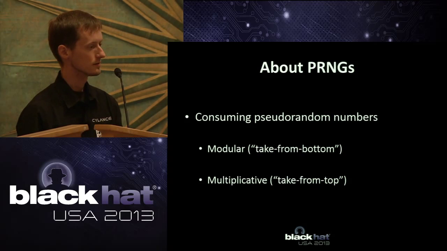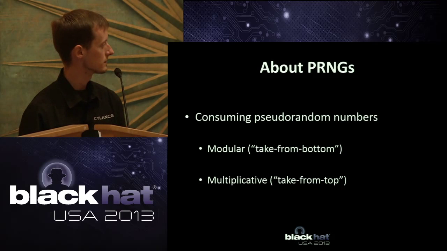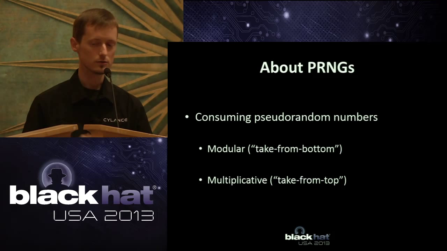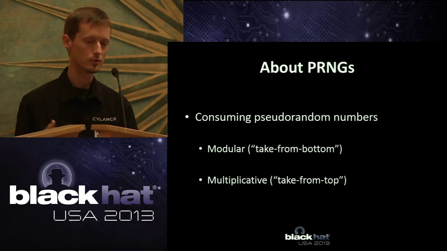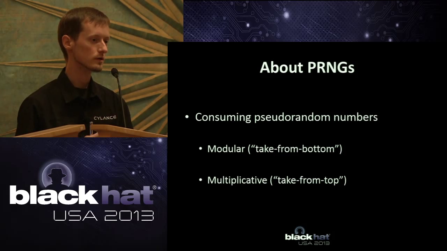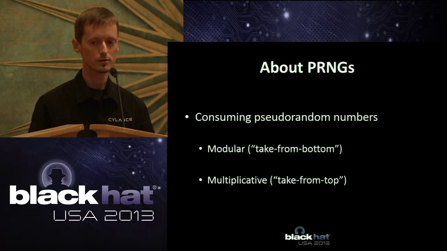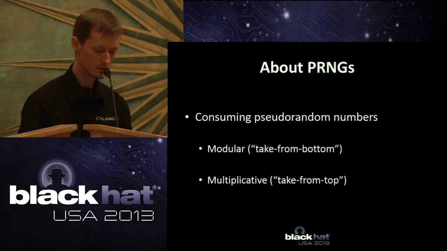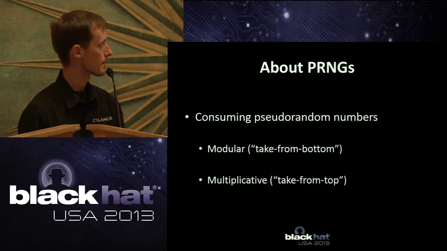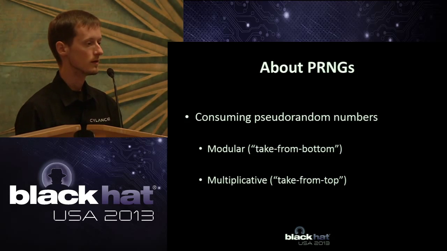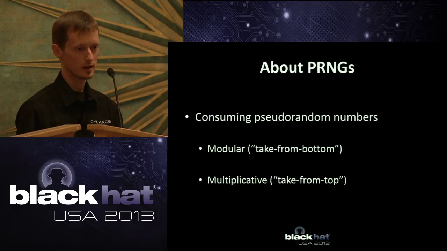Now that process of processing a pseudorandom number into one of these output numbers, we're conceptualizing it as happening in one of two modes. And this is a pretty useful, pretty accurate generalization. This typically happens in one of two ways. Either modular, in that the output number has the modulo operator applied to it.